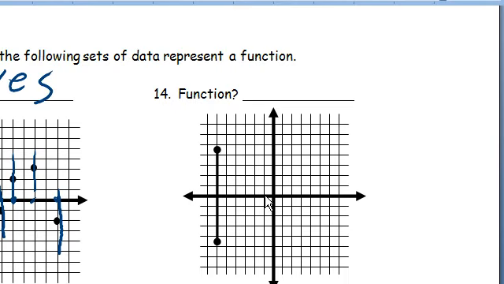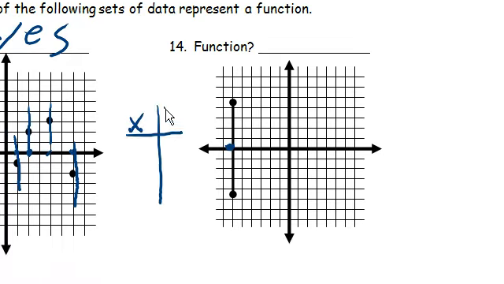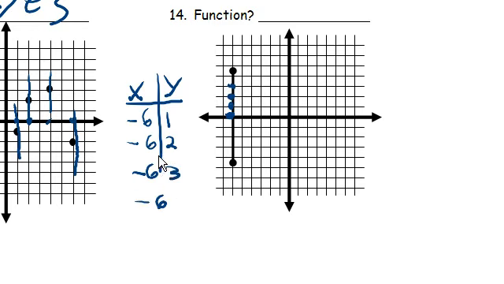Well, let's see here. When we go over to x equals -1, -2, -3, -4, -5, -6, we see that when x equals -6, y equals 1, y also equals 2, y also equals 3, y also equals 4, and so forth, also in the negatives.